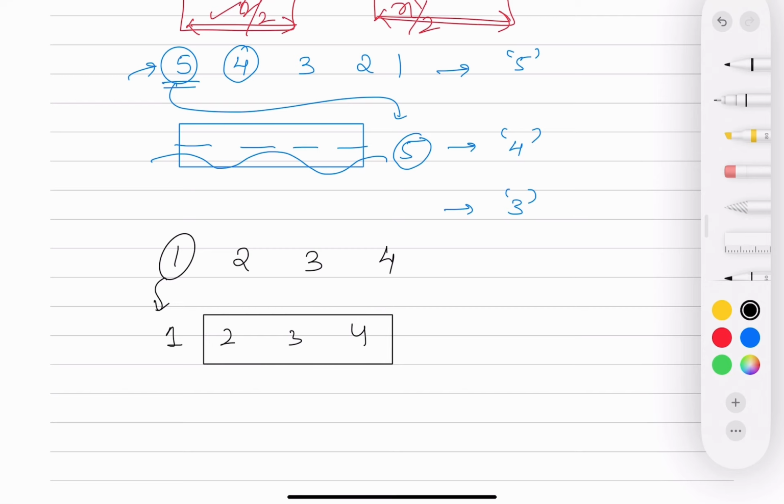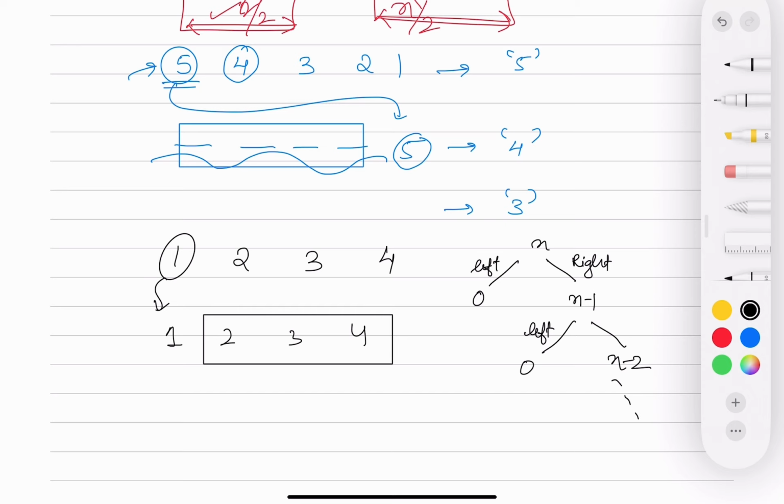Basically, if you have n elements, your left subarray will have 0 elements and your right subarray will have n minus 1 elements. Then in the next pass again, your left subarray will have 0 elements and the right will have n minus 2. Instead of dividing, you are decreasing by 1. So it will take a lot of time, right?